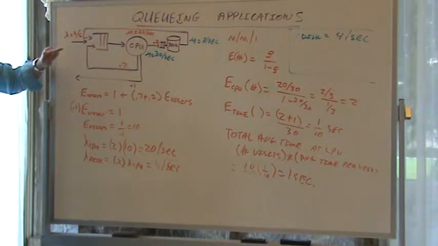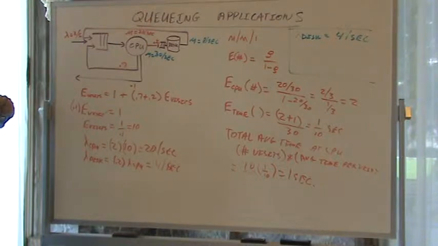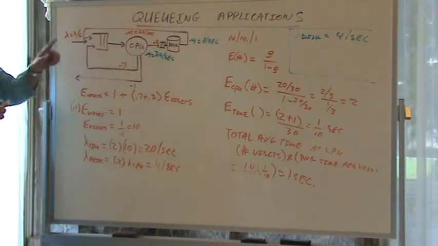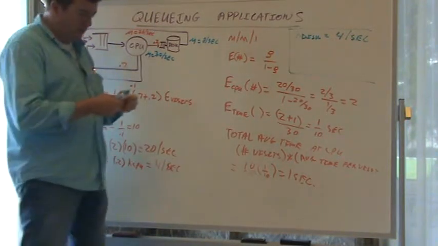So the rate into the system would be what? The rate into the system was 4 per second. We decided to make the mu 8 per second.